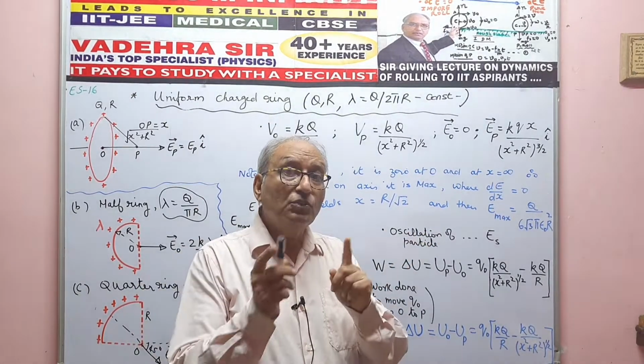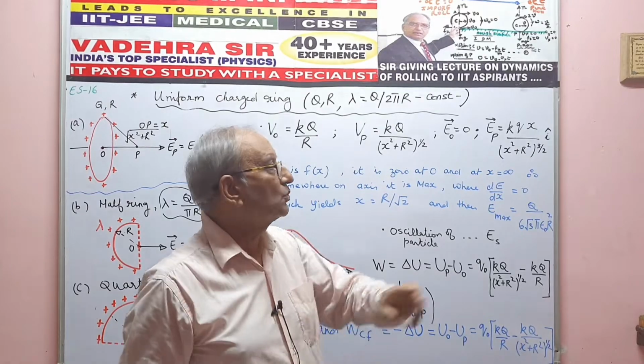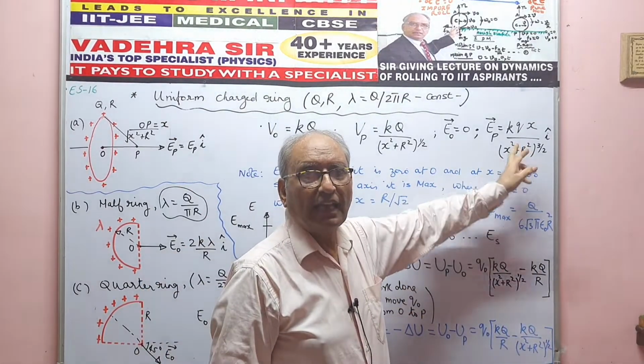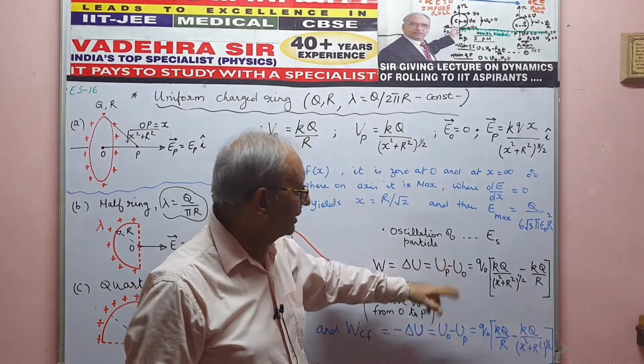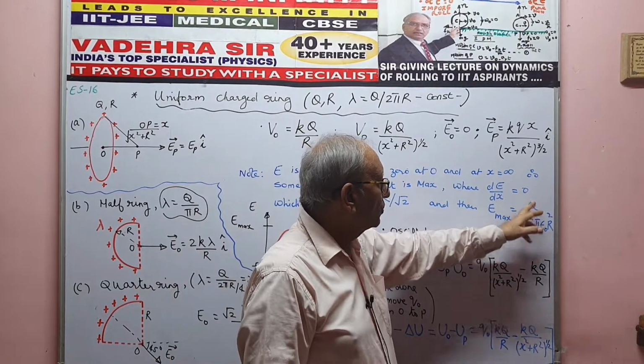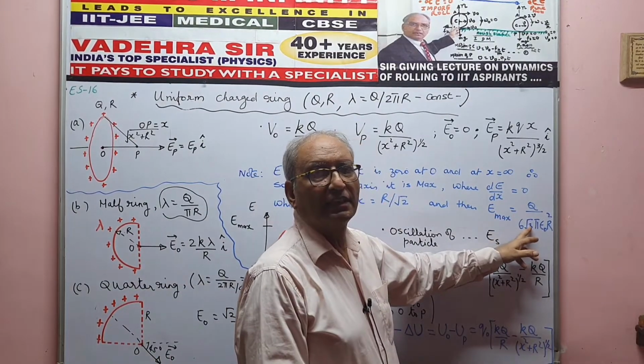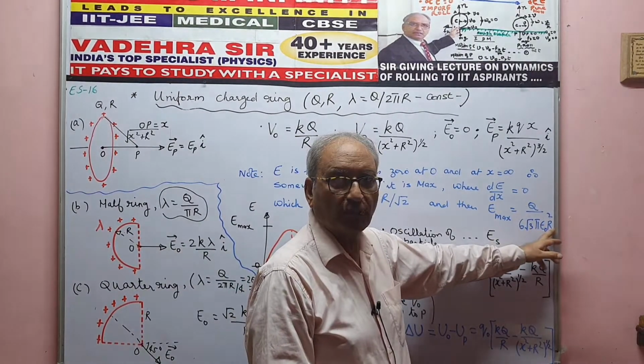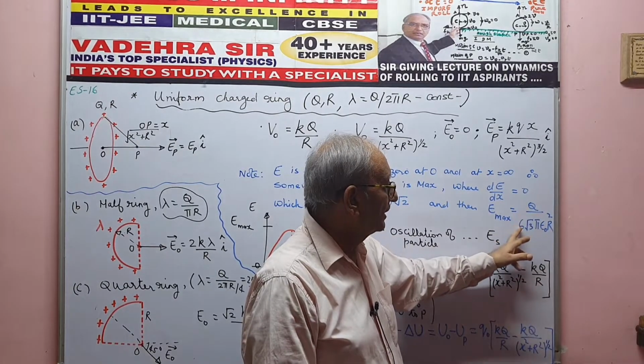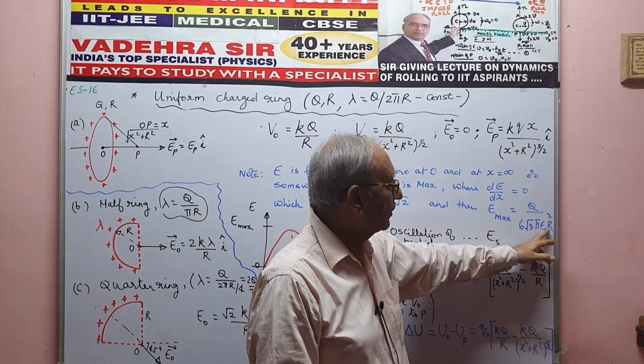I put the value of x equal to r by root 2 in this expression. I get a neat answer: q upon 6 root 3 pi epsilon naught r square.